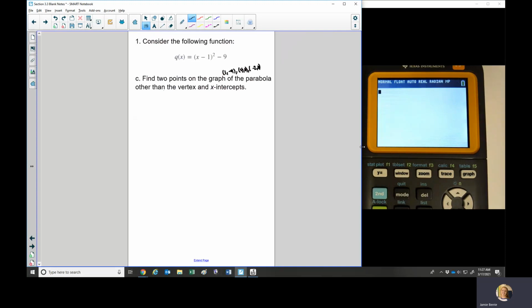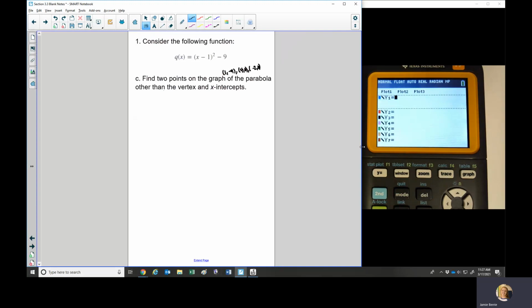Clear everything out. It's nice to start with a blank screen. I'm going to use the little table function up here on my calculator to save me some work. In order for me to use the table function, I need to put my function in the y equals screen. So clear whatever you got in there, make sure you clear it out.